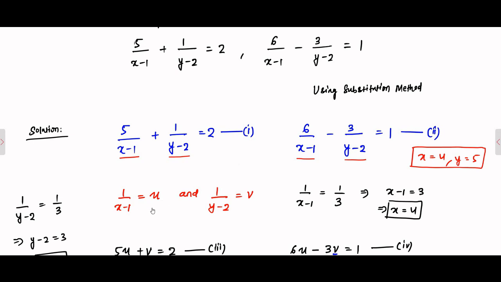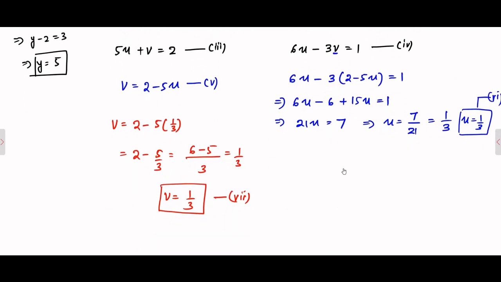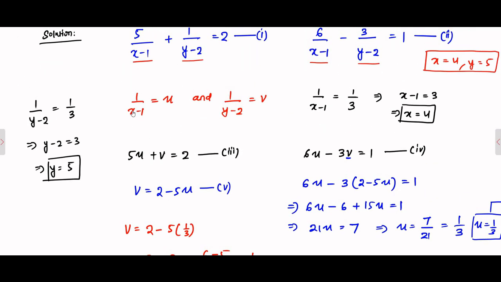So we again went with the same format, made the substitutions by creating two additional variables, u and v. You can assign any variable. Then we calculated the value of u and v by the proper substitution method technique. Then from u and v, from the original substitution that we made, we calculated the value of x and y. So we got this.